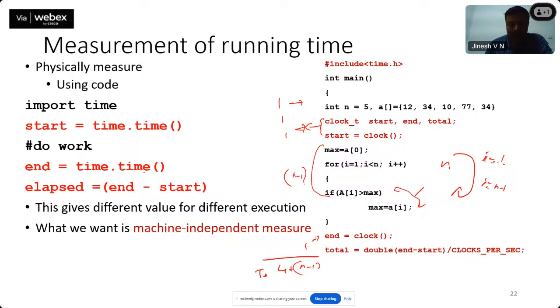The for loop will execute n minus 1 times plus those 4 instructions, 4 plus 1, total 5. So 5 plus n minus 1. See, this is a polynomial representation, right? Any algorithm which can be represented using a polynomial is known as a P-type algorithm.